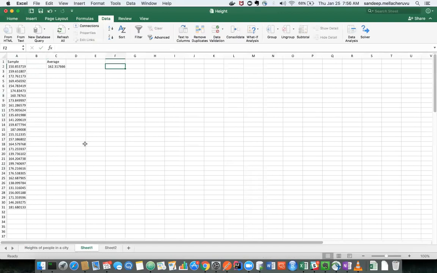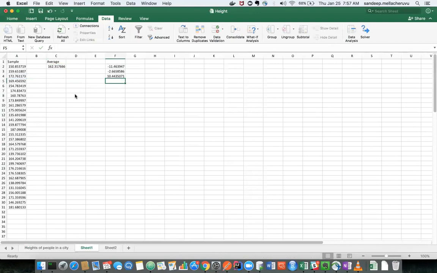So what I'm doing is, this is x1 minus x bar. Similarly, I have to do it for each of the data points, right? Similarly, the third data point minus x bar.